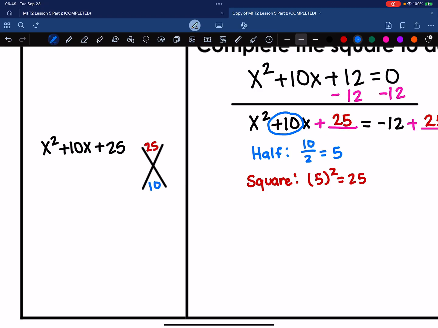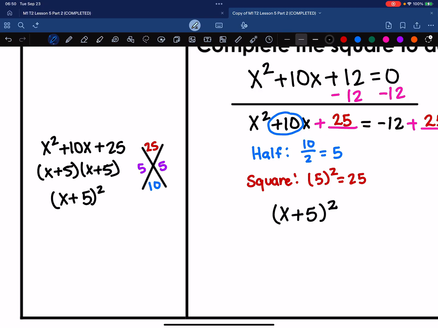What can we multiply to get 25 and add to get 10? That would be 5 and 5. So this factors into x plus 5 times x plus 5. Now, when you have the same factor twice, you can rewrite it as just x plus 5 squared, so you don't have to write it twice. So that's what this simplifies to.